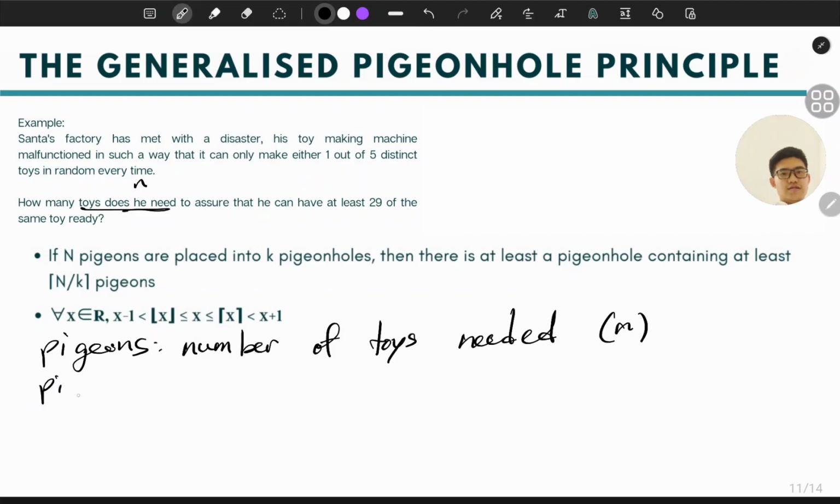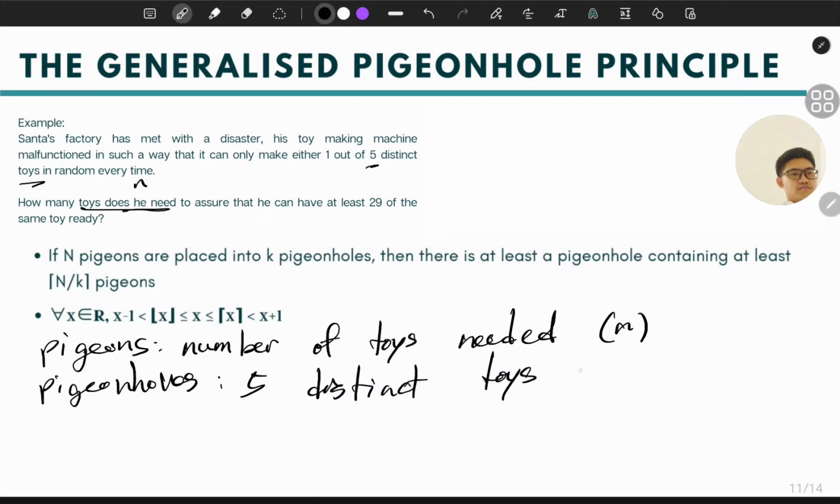And then here the pigeonholes would be the 5 distinct toys. Basically we want to have at least 29 of the same toy ready.